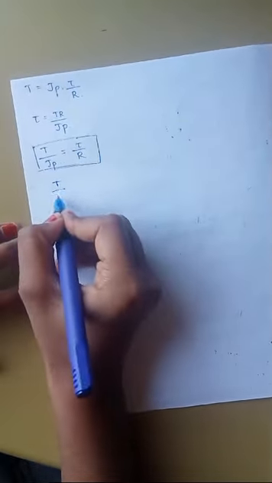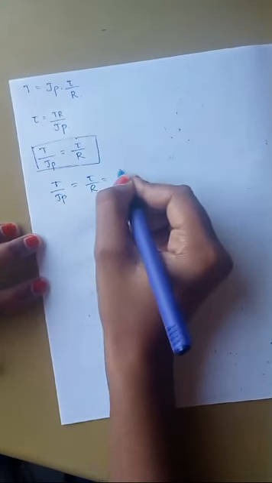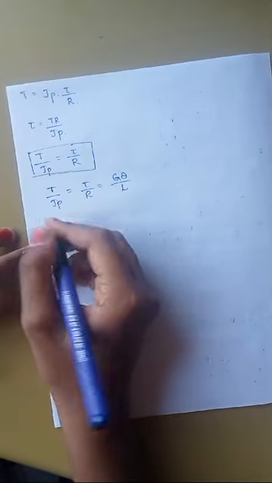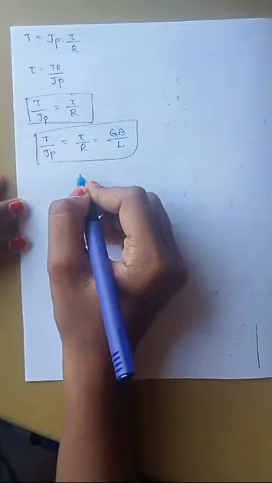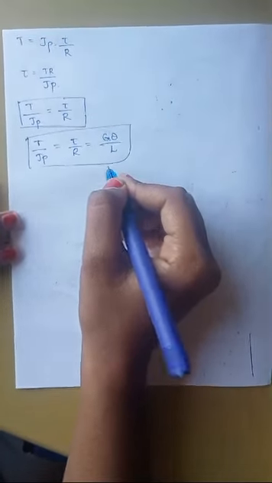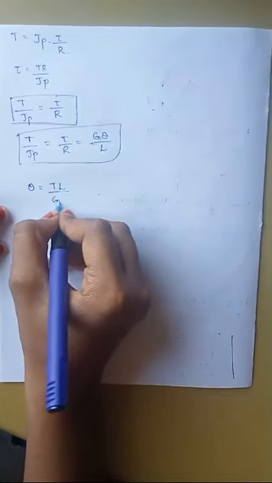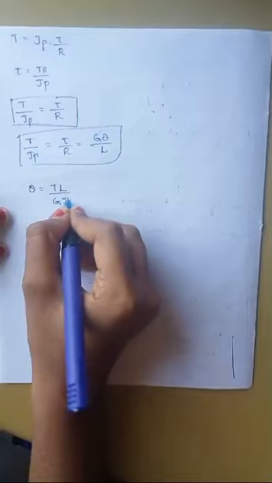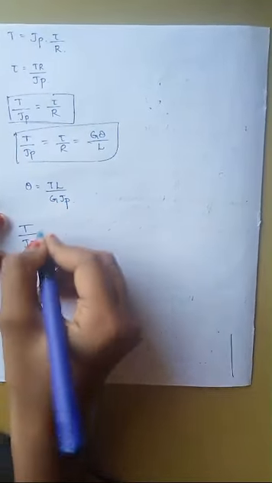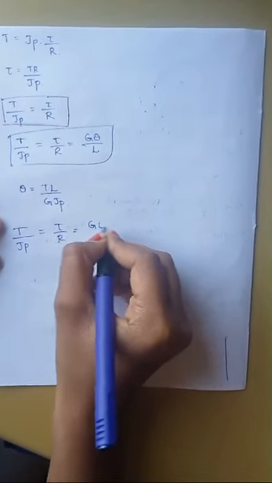T by Jp equals tau by R equals G theta by L. Equating the first and last terms, we get theta equals TL by Jp G. So T by Jp equals tau by R equals G theta by L.